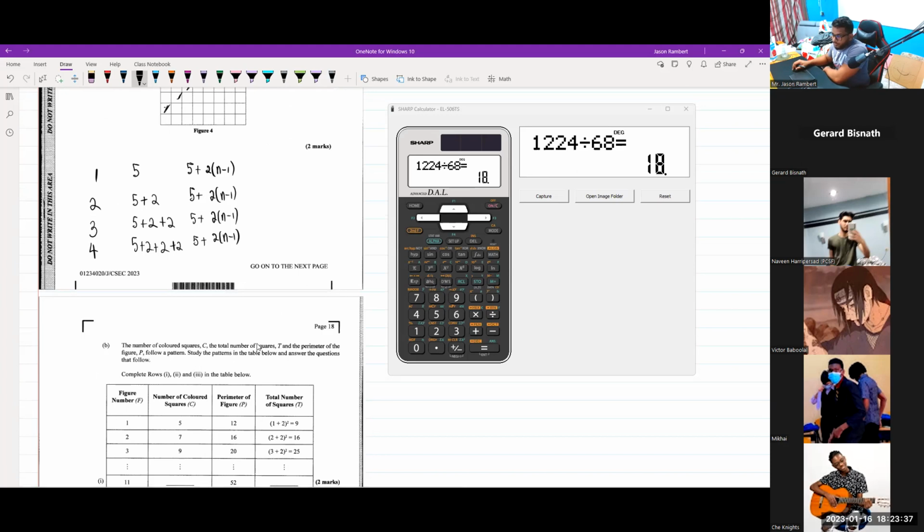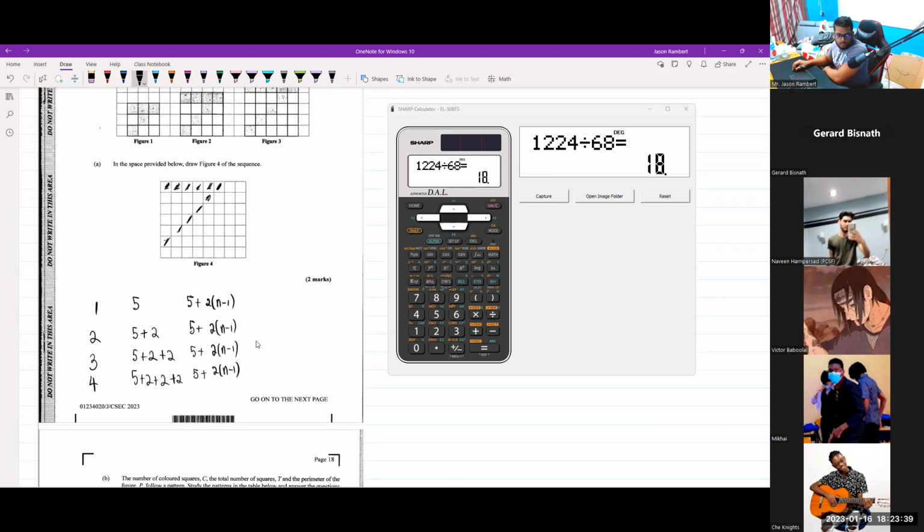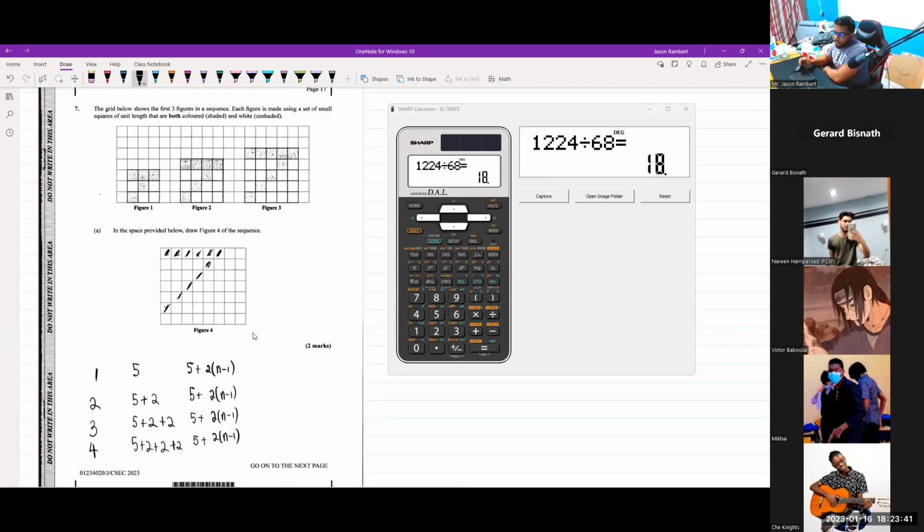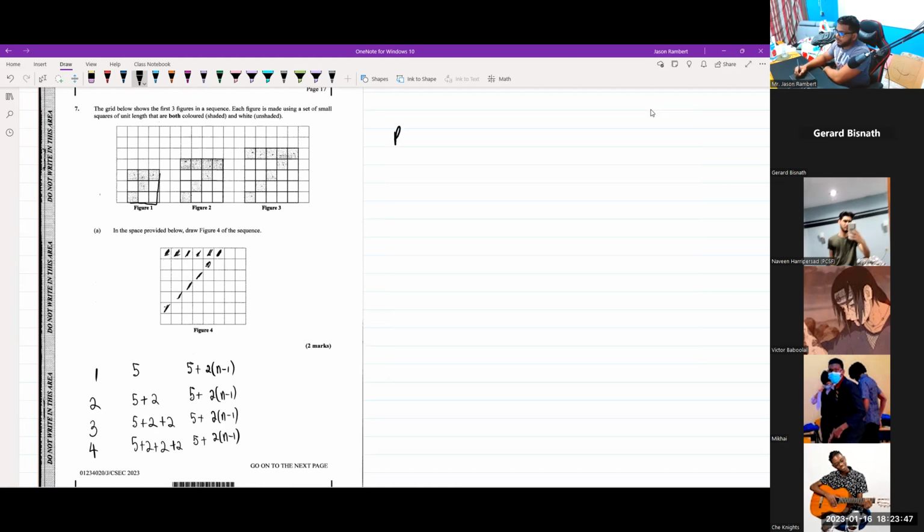The perimeter of the figure now. The perimeter of the figure looks like 1, 2, 3 by 1, 2, 3. So the perimeter of figures 1, 2, 3, and 4 is going to be 3 by 3, then 4 by 4, 5 by 5, and then 6 by 6.